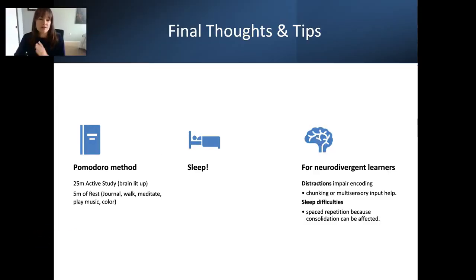So here's some final thoughts and tips. The Pomodoro method is a method that has been well researched and proven to be quite effective. 25 minutes of active study. Think brain lit up. I mean, just any way you can build a model. Write down notes, take sticky notes and move them around in a concept map, just getting as many types of brain activity going for that 25 minutes, and then give yourself 5 minutes of rest, doing something different.